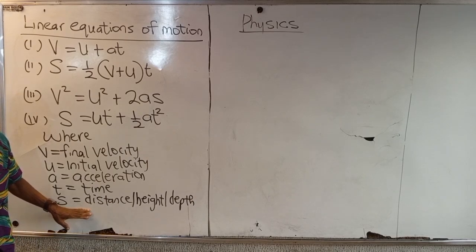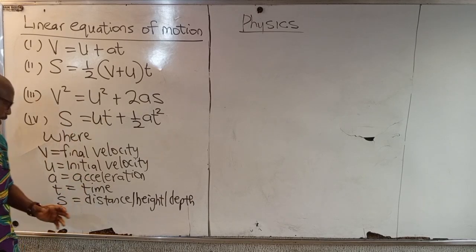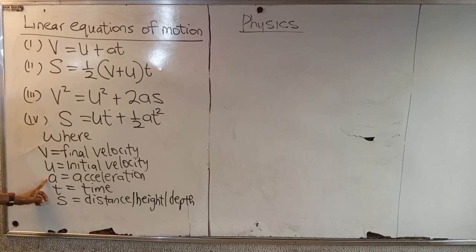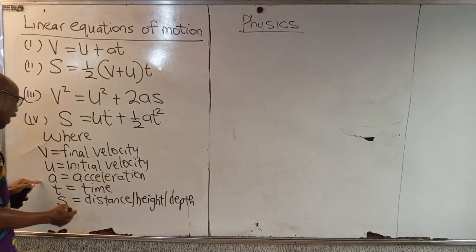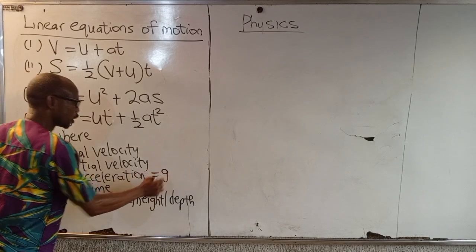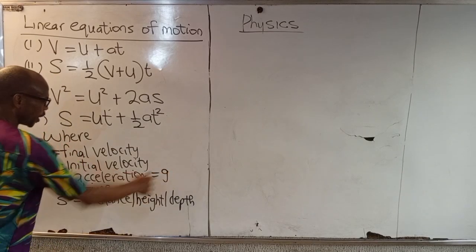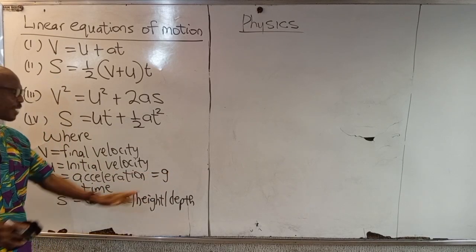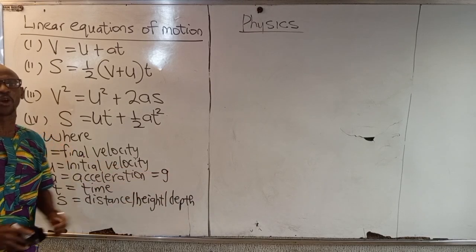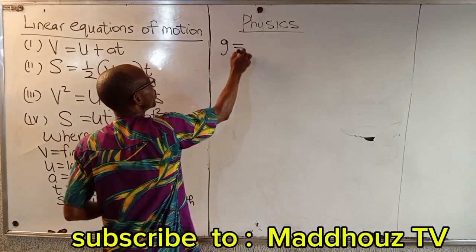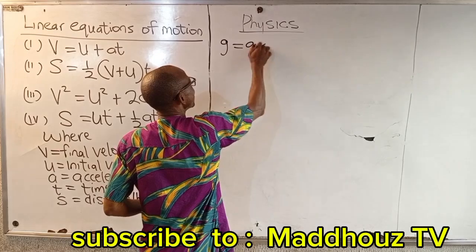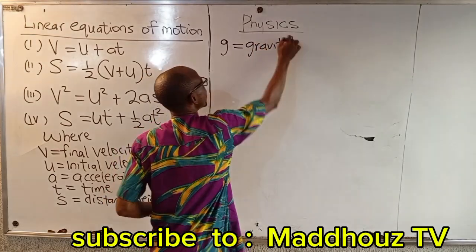When we are considering motion under gravity, our A, which is acceleration, can be changed to G, where our G is called gravitational acceleration.